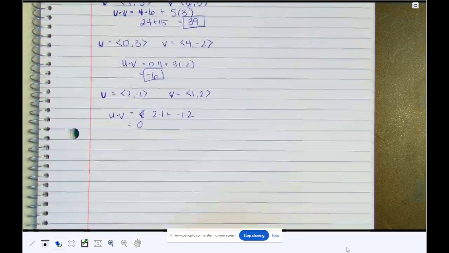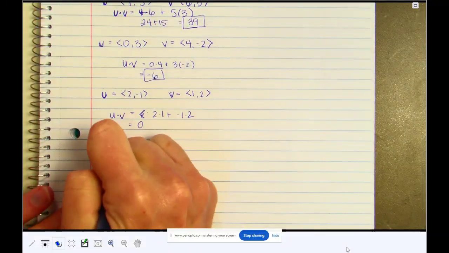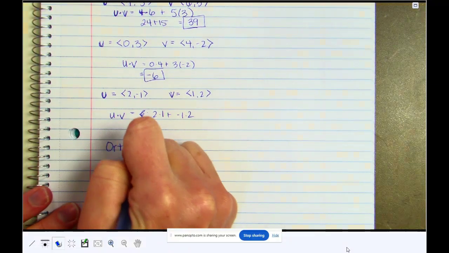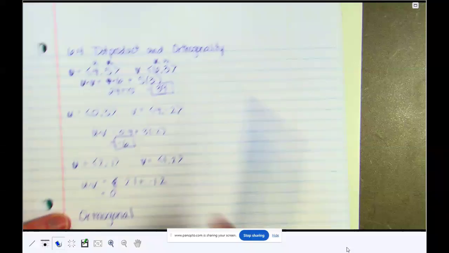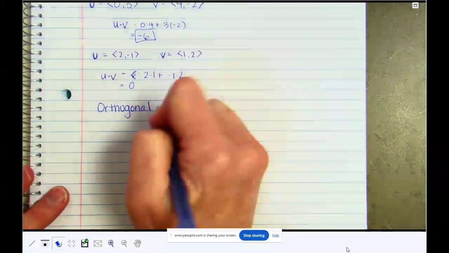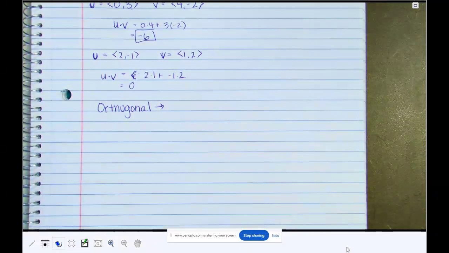Okay, so the next thing we need to talk about is the definition of orthogonal. So this says orthogonality. That's just a property. Orthogonal is the definition. So I was a little bit curious about that word, and I wondered where that word comes from.